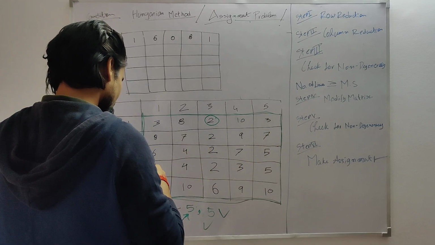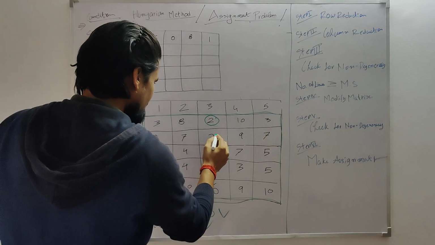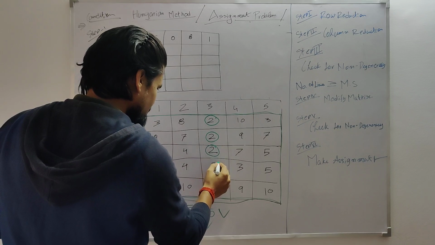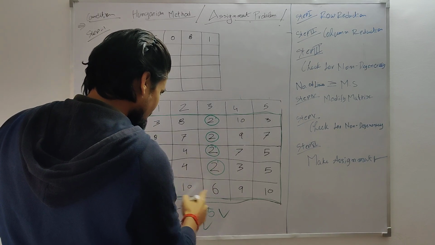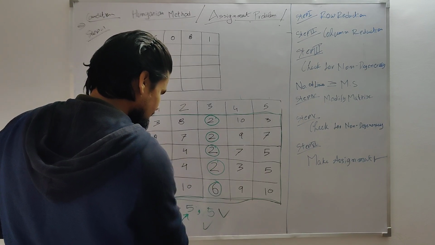Over here the minimum is 2, and over here the minimum is 6.